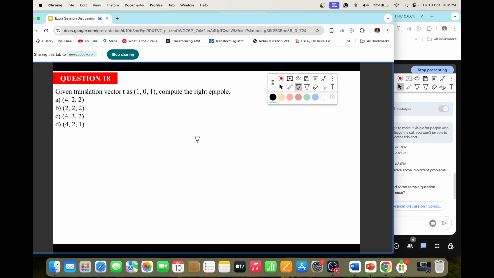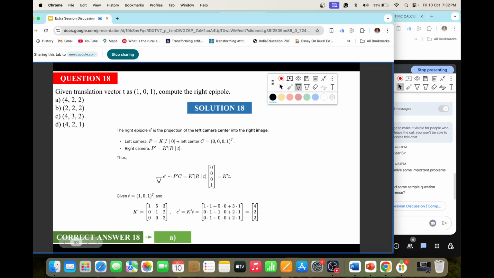Question number 18, given the translation vector t, compute the right epipole. So how can you calculate the right epipole? This is the formula of the epipole, E dash equals P dash C. For that you have to know the camera center. Here the left camera center is nothing but (0, 0, 0, 1), because that is how we write the projection matrix of the left camera.